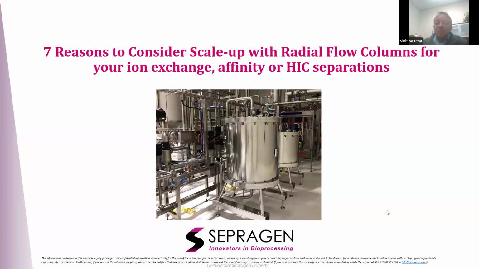So without further ado, I'll get started. The webinar today is titled 7 Reasons to Consider Scale Up with Radial Flow Columns for your ion exchange, affinity or HIC separations. Now this is radial flow chromatography.